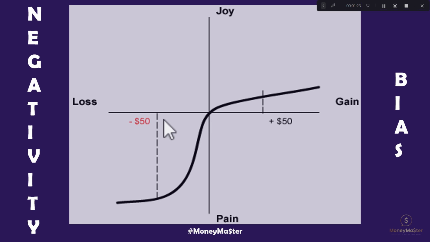But if you lose 50, the pain of regret of losing the same amount, 50-50, is double what you experience in terms of joy. So our emotion of the pain, the regret when we lose money is double when we make money, the same amount of money. So that plays into our risk aversion. We want to avoid that pain.